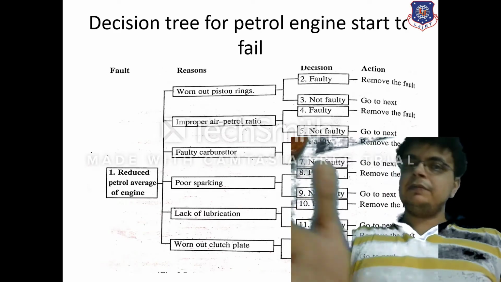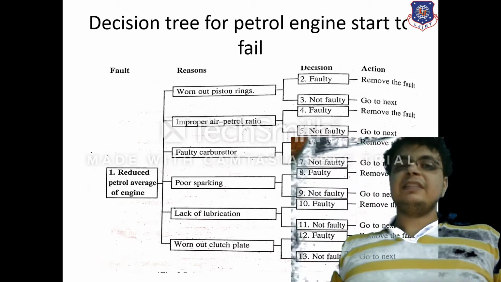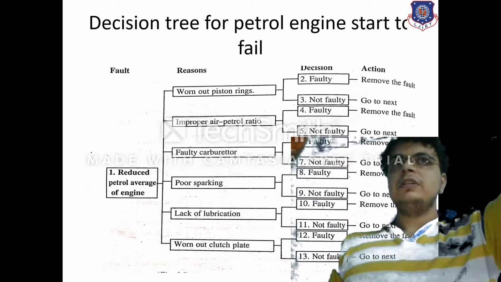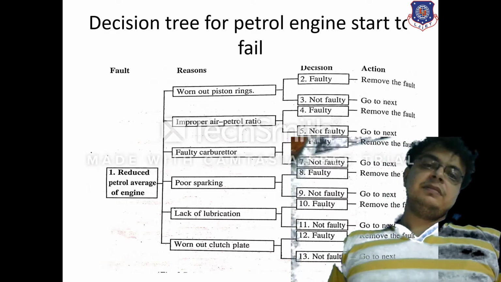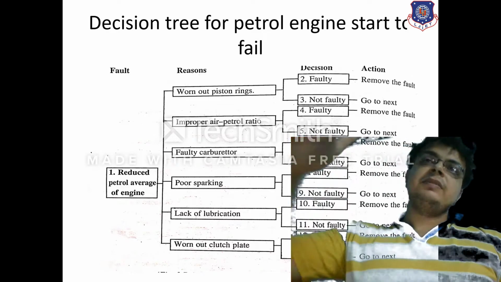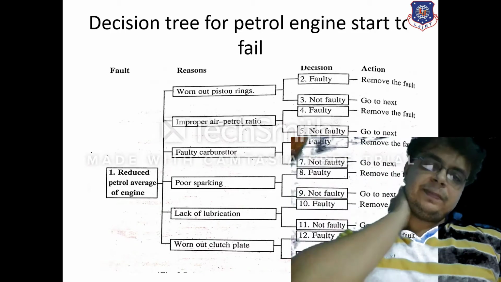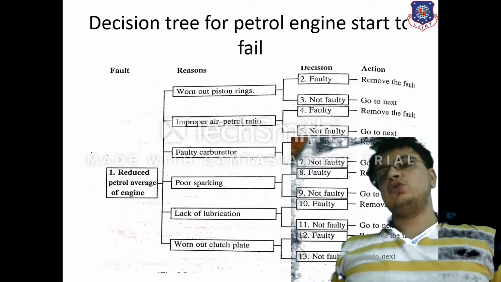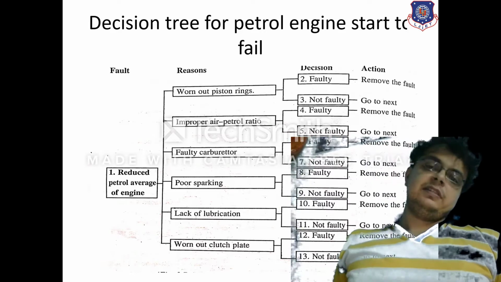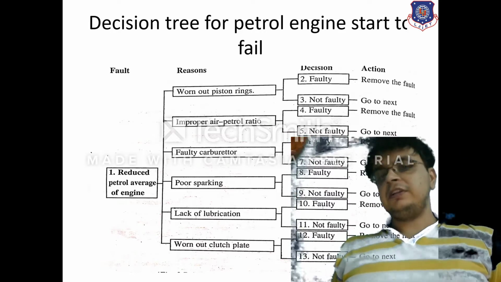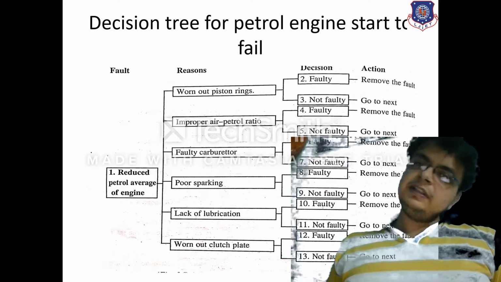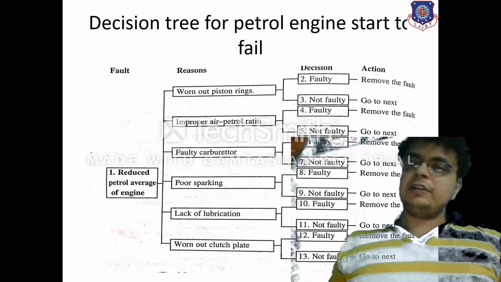So yes, for that only we are making this decision tree, so that we can get to know the fault and the reasons, means those which can be solved in less time will be listed first, and each of the reasons should be checked, and a decision will be made whether it is faulty or non-faulty. Each and every reason should be checked for faulty or not faulty.